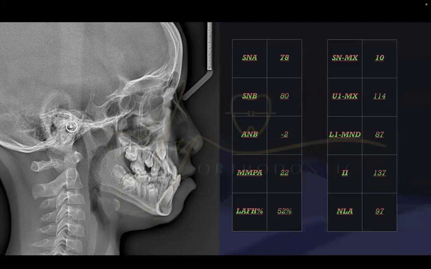The nasolabial angle is obtuse. And what are the aims and objectives here?